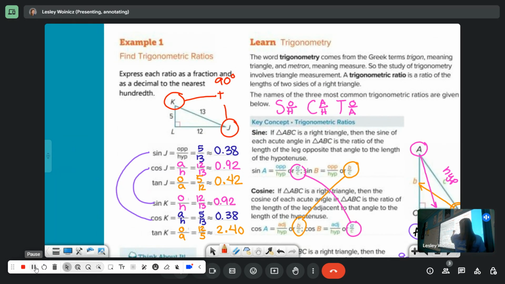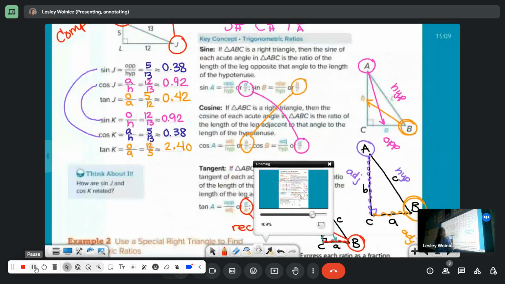So these two, whatever they are, are complementary. So this relationship is going to be true whenever you have complementary angles. Everybody cool with that? All right, here we go. Keep it moving.